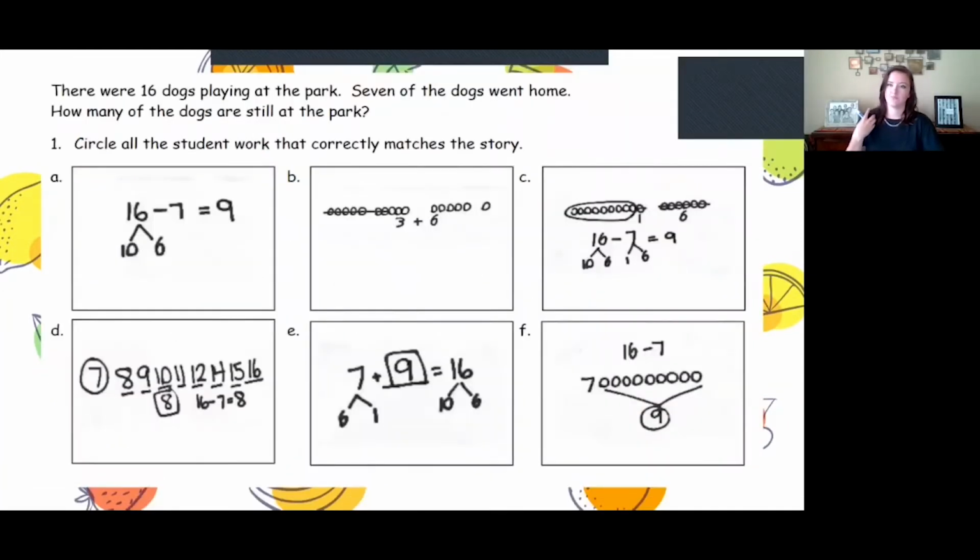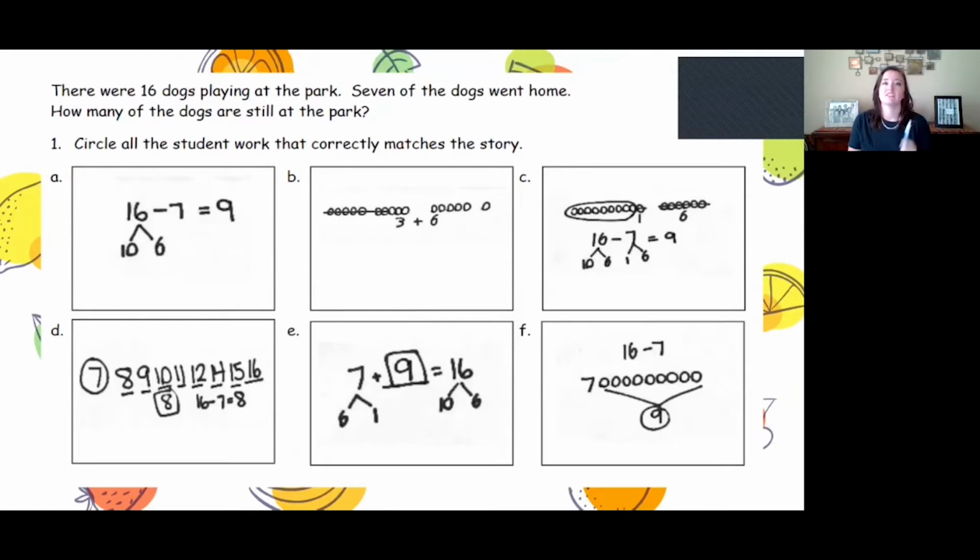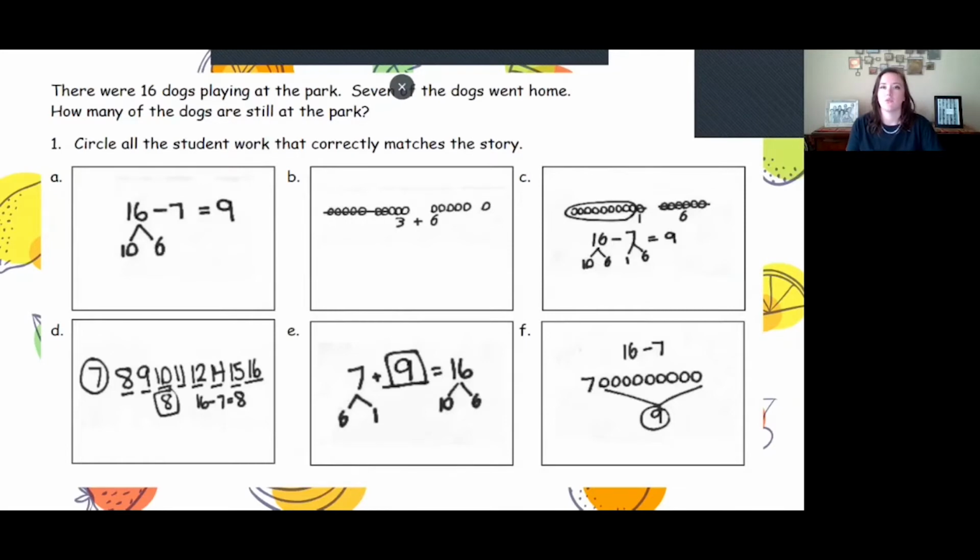All right. So I'm going to read this, and then we're going to work through the problem ourselves, okay? So there were 16 dogs playing at the park. 7 of the dogs went home. How many of the dogs are still at the park? All right, so when I'm thinking of this right now, let me grab my pen.